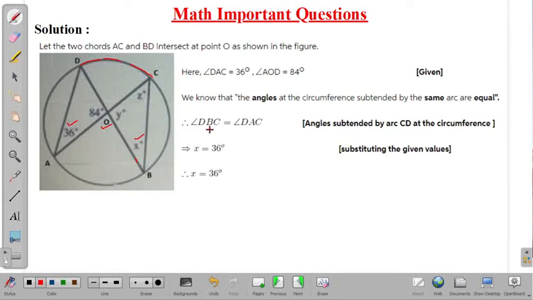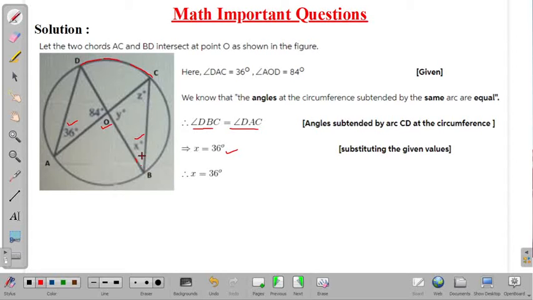These two must be equal because angles subtended by the same arc are equal. Therefore, we can write angle DBC equal to angle DAC. Substituting the values, we get x equal to 36 degrees. So we have got the value of x.